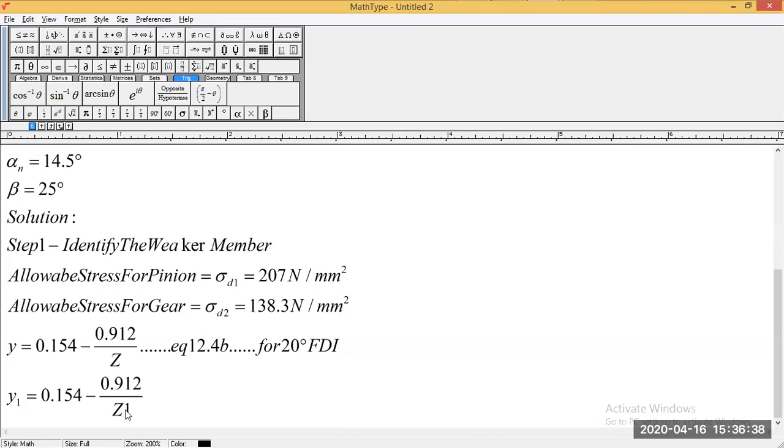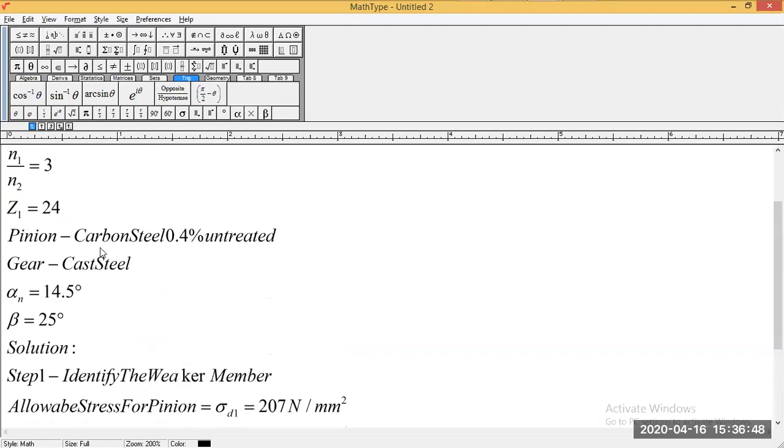The number of teeth on pinion is known, but for gear it is not known. So that means we need to find z2. Z1 I think is given in the question. Yeah, 24 is given.